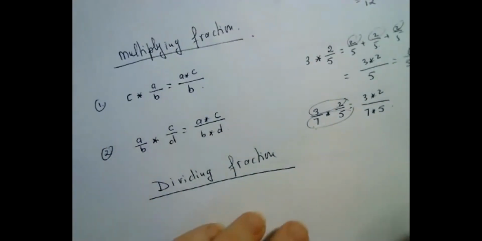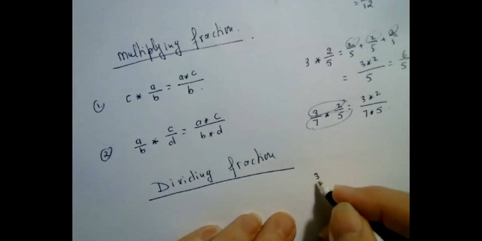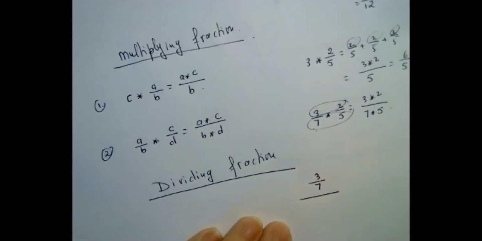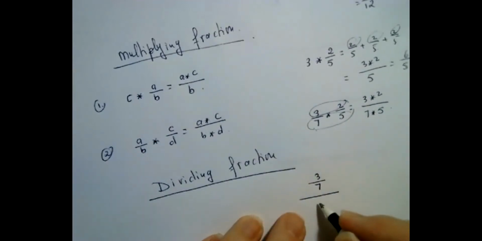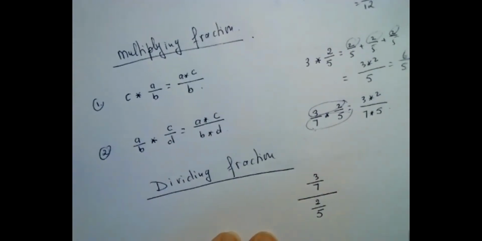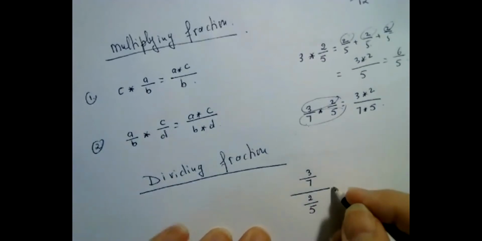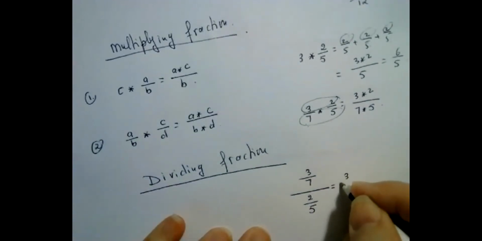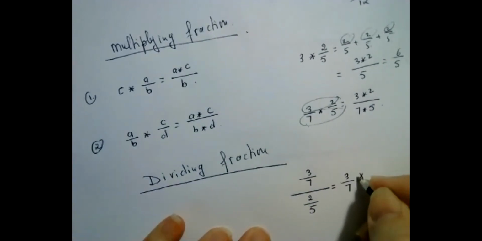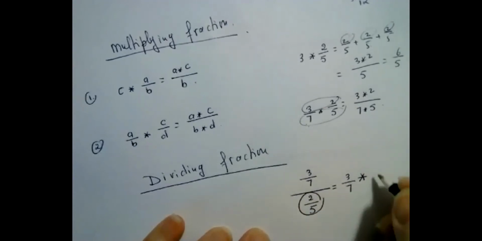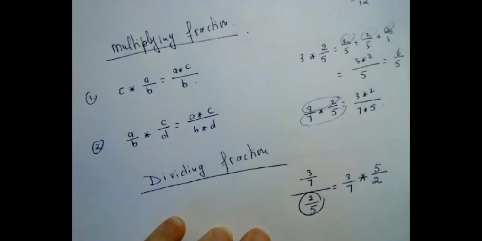I know that you guys, of course, have seen this stuff, but it's just a review because when I use them, I want you to know them. Suppose we have this divided by that. How do we divide? It's 3 over 7, you multiply it by the reciprocal of that, 5 over 2. So division is this kind of multiplication.